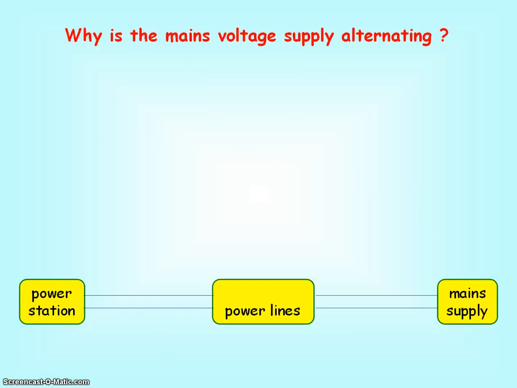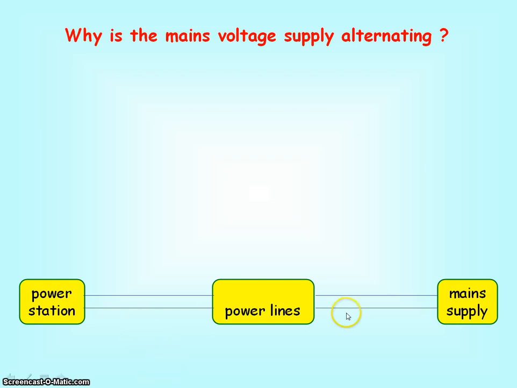So have you ever wondered why mains voltage supply is alternating and not direct? Well, it's all about transformers. So you've got the power lines carrying the power from the power station to the mains supply, the homes, schools, colleges, buildings.